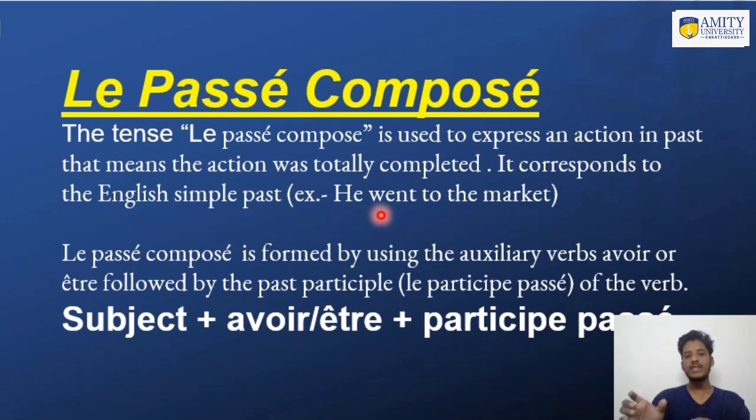Who completed the action of playing? I. So I is the subject. So I think it's clear what is subject. In English, I, we, you, he, she, it, they. In French, je, tu, il, elle, nous, vous, ils, elles.